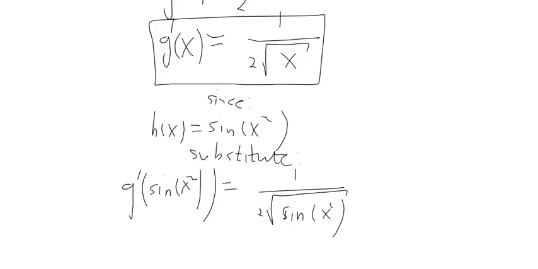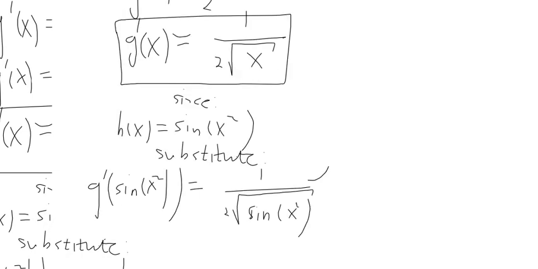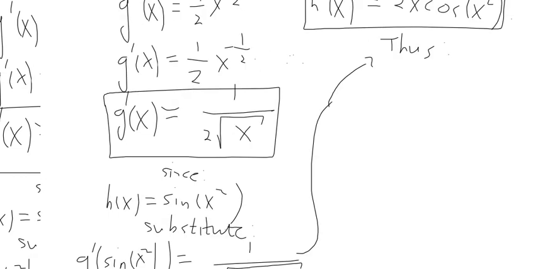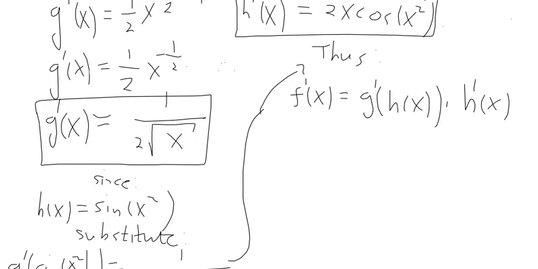Now, I'm just going to connect this over here, we're continuing. Thus we can now say that f prime of x follows this formula: g prime of h of x times h prime of x.